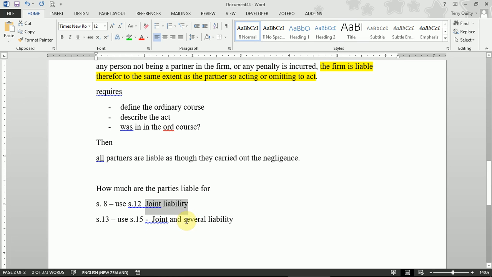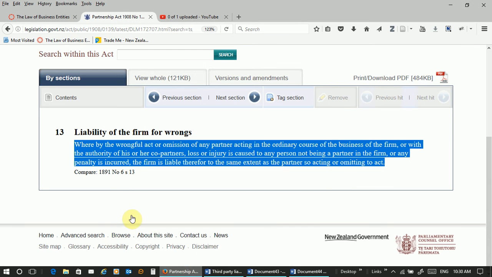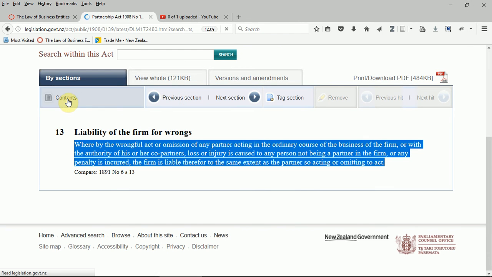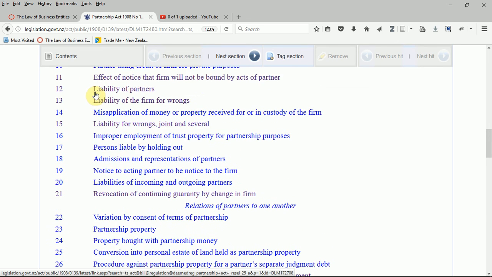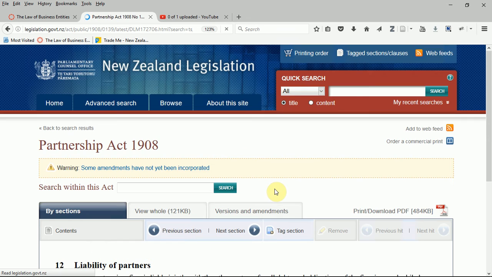Joint and several liability, I could sue any of the individuals, or I could be sued individually by the insurance company or owner for the full amount, or they could choose to sue both. And you can see this from sections 8 and 12. So section 12, liability of partners.